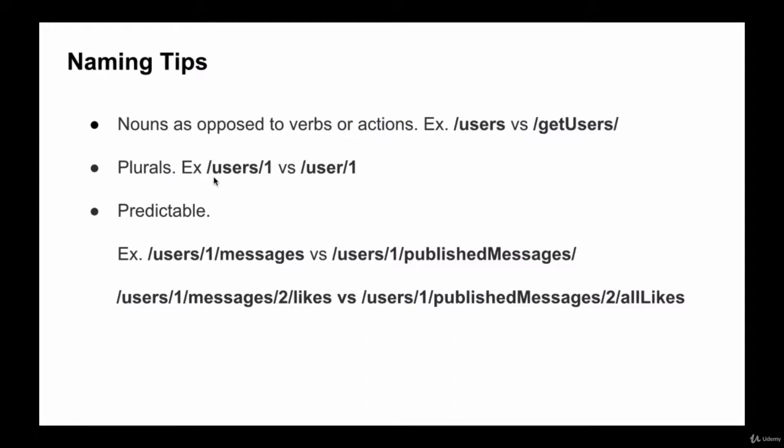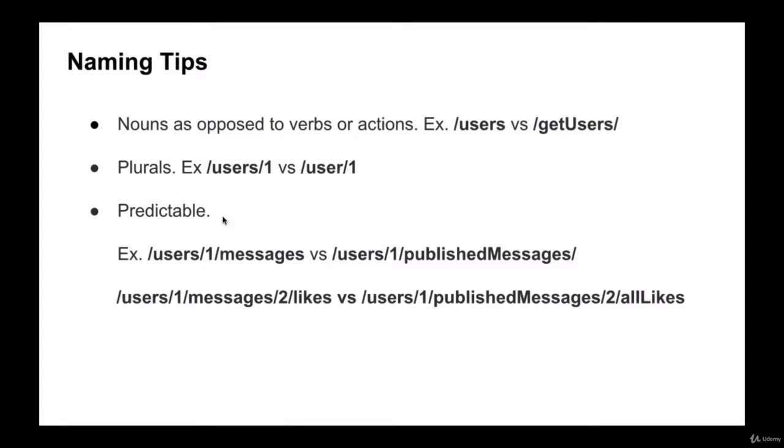For example, I have a collection of users here, and if I wanted to get a specific user from that collection, I would have a URI /users, plural, and then the identifier of that specific user, rather than having a resource URI called user/1. So the collection doesn't have the plural in it. It doesn't say that there are many users.